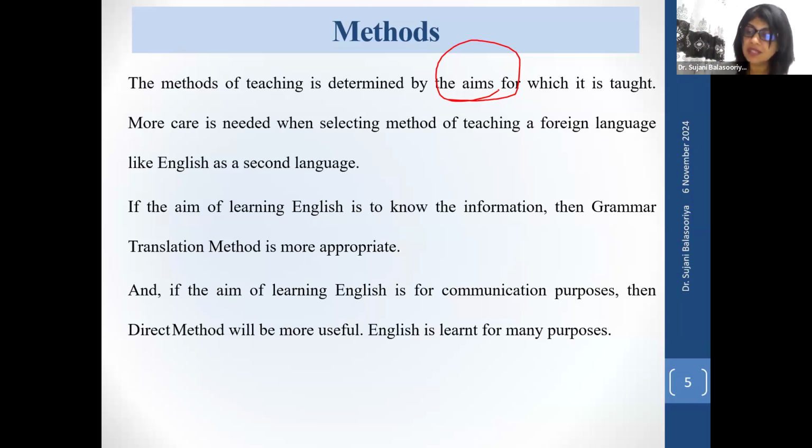Depending on this aim or objective, as the teacher, we have to decide which method would be suitable to deliver that particular lesson. So always give priority to thinking about the lesson objectives, because objectives and aims are not the same throughout several lessons. For each and every lesson, there are different aims and objectives. Depending on that, you need to select which method would be suitable. That is the idea given in this first line.